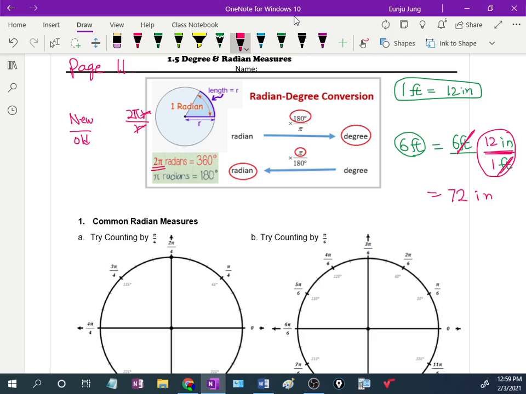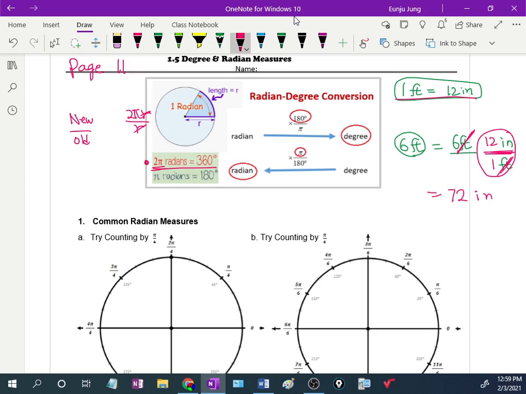So that is 360 degrees. So 2 pi radians is defined as 360 degrees. So this is a fact. However, it's doubled on the left-hand side, right? Can I take half of 360 degrees? What is it? Pi is 180 degrees, right?